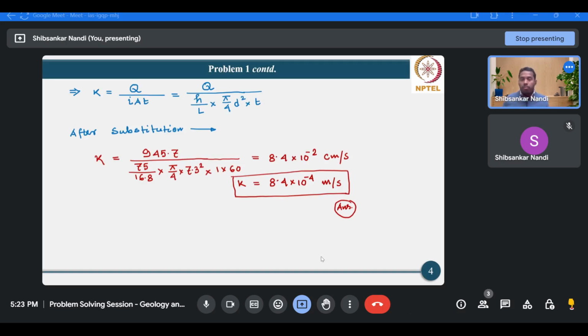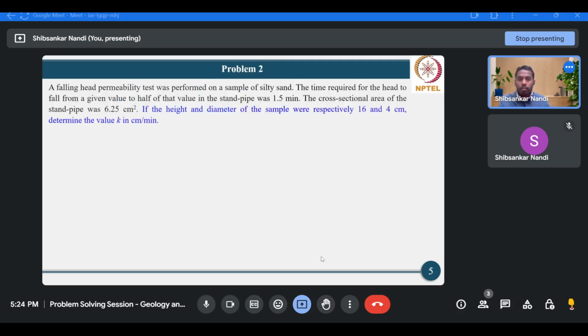So we'll take this second problem for this session. In this problem, a falling head permeability test was performed on a sample of silty sand. The time required for the head to fall from a given value to half of that value in the standpipe was 1.5 minutes.